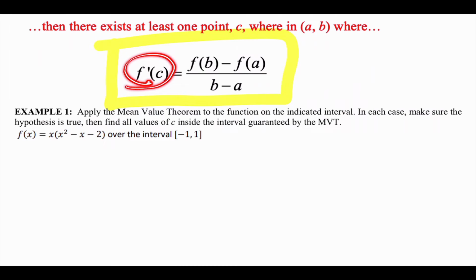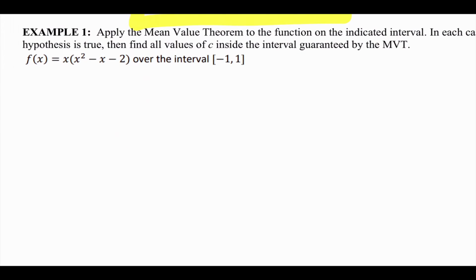Let's start with this guy here. It says find the derivative, plug C in. Okay? So before I find the derivative though, I'm going to do what I talked about earlier. I don't want to have to do product rule, so I'm just going to do distributive property so I don't have to deal with product rule.